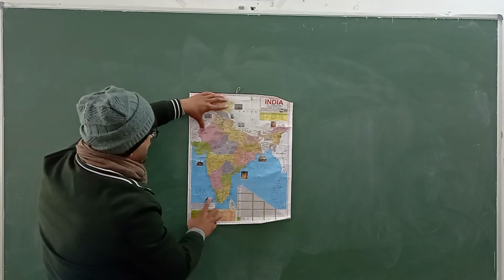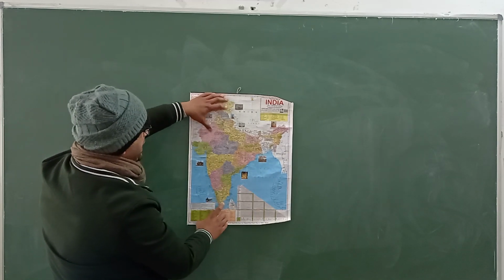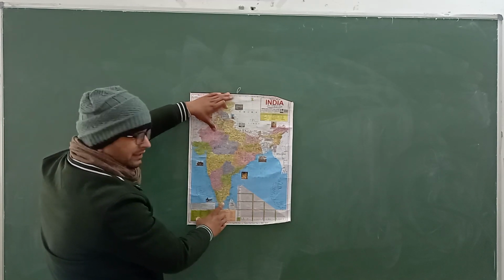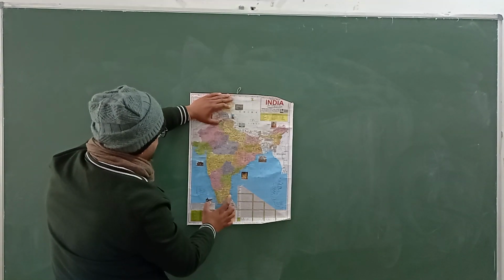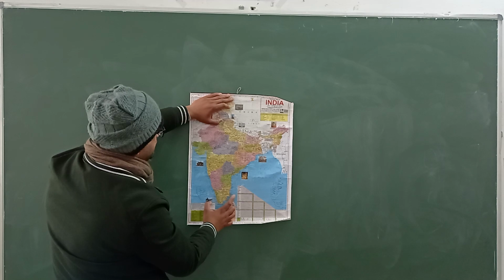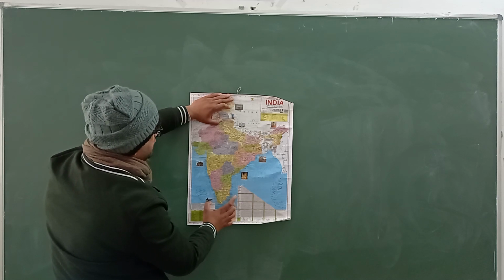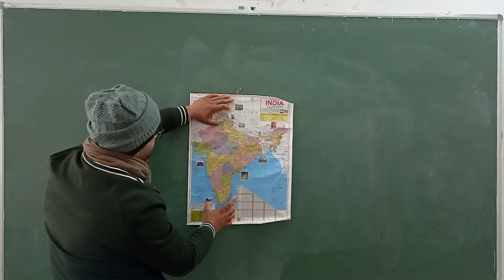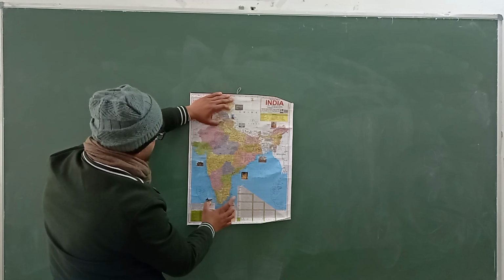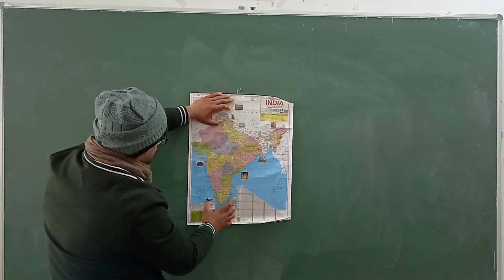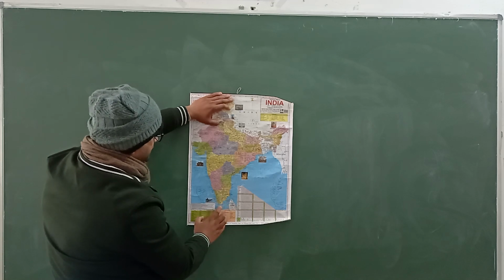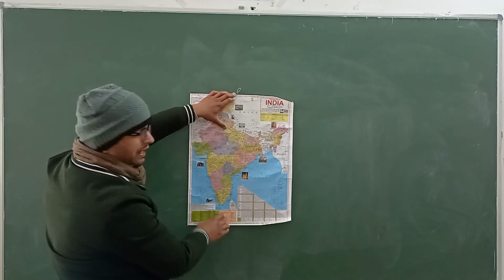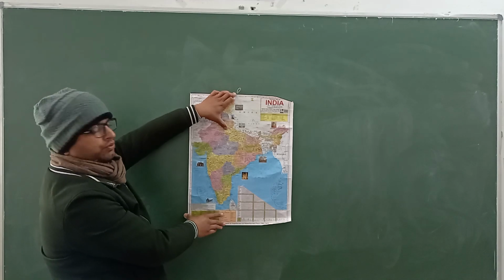If we look at the Deccan part of India, that is the peninsular plateau, we will see part of Rajasthan, Madhya Pradesh, Chhattisgarh, Jharkhand, West Bengal, Orissa, Maharashtra, Gujarat, Telangana, Andhra Pradesh, Karnataka, and parts of Kerala and Tamil Nadu lie in the peninsular plateau.